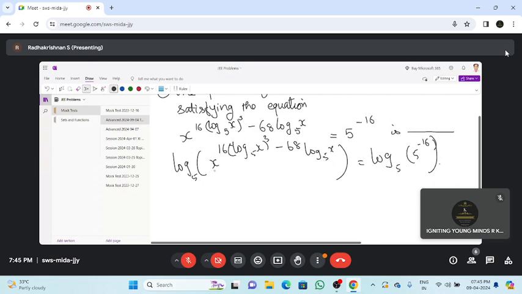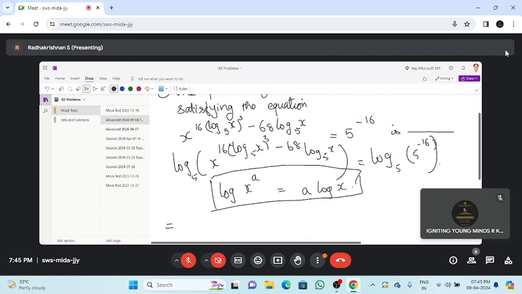Log of x to the power of a... 16 log base 5 x whole cube, log base 5 x. No. What is log of x power a equal to? How can we write it? a log x. Yes, a log x. You remember that, right? Vishal, do you also remember this? Yes, sir. So since it is x power, this whole thing is a.